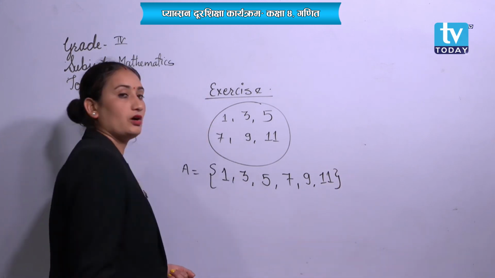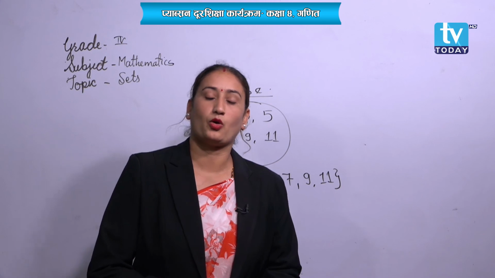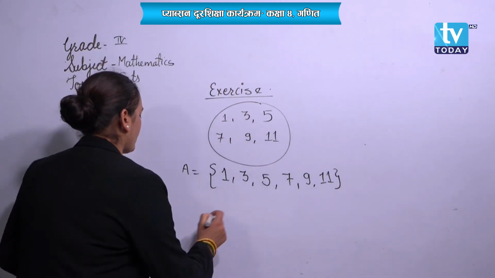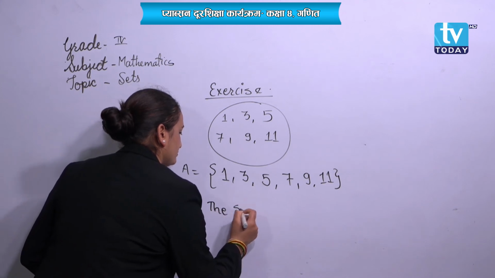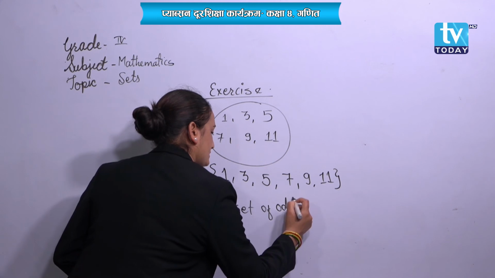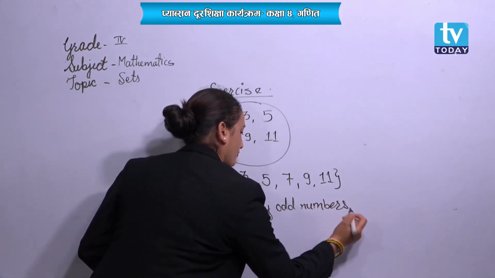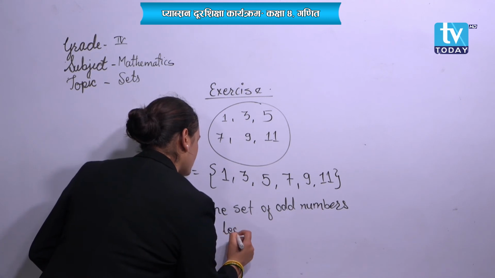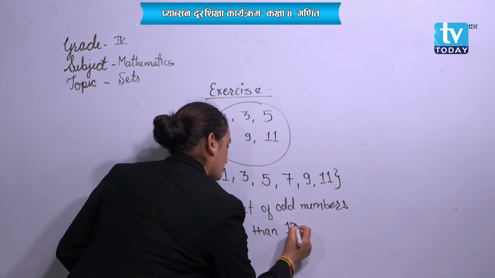Done? Okay. Then can you describe it? Let's describe it. The set of odd numbers less than 13.